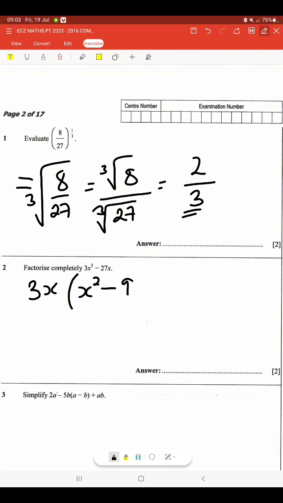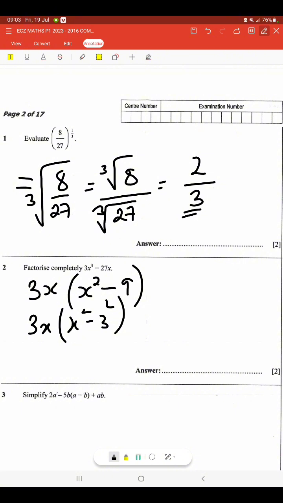So in brackets now we've got a difference of 2 squares, so it can also be written as 3x, open brackets, x squared minus 3 squared. Now this is a difference of 2 squares.